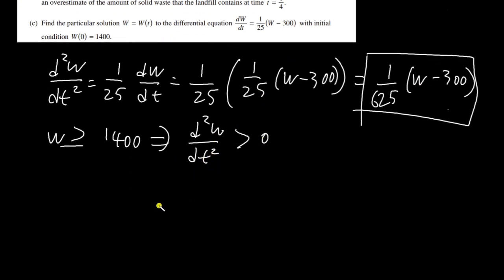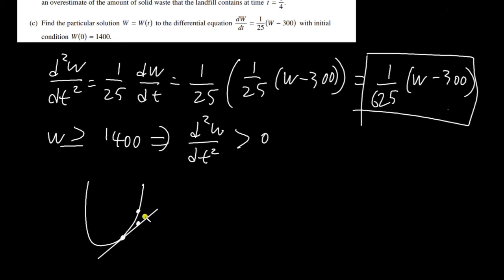Okay? What does it mean when the second derivative is greater than 0? Well, it means it's concave up. And so let me draw a graph that's concave up, like this. And if I choose a point here, for example, and I draw the tangent line, notice that the tangent line always lies under the graph, right? It's never on top of it. It's always underneath it. So if this is the actual value, this is the value that the approximation gave, and notice that the approximation is always less than the actual value, right?